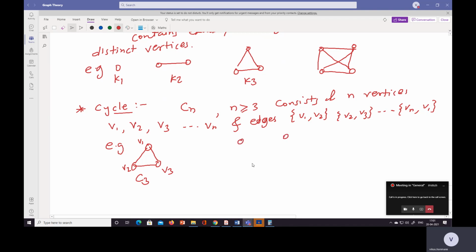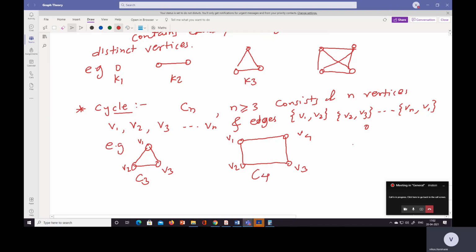Again, suppose there are four vertices, V1, V2, V3 and V4. So V1 to V2 edge is there, V2 to V3 one edge is there, V3 to V4 one edge is there, and V4 to V1 one more edge is there. So that is called C4.